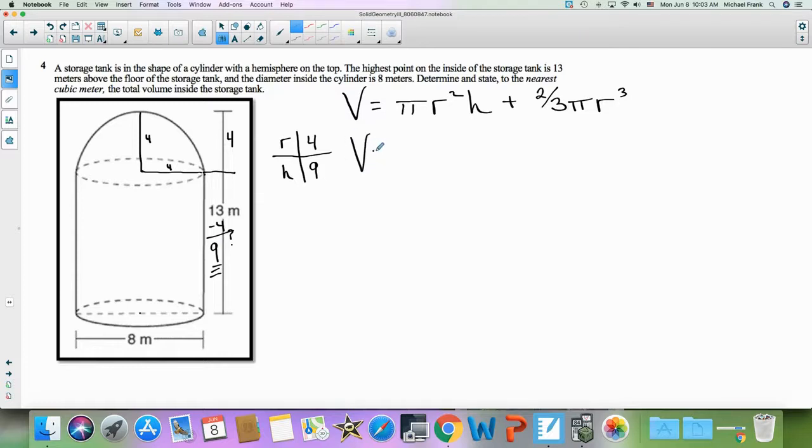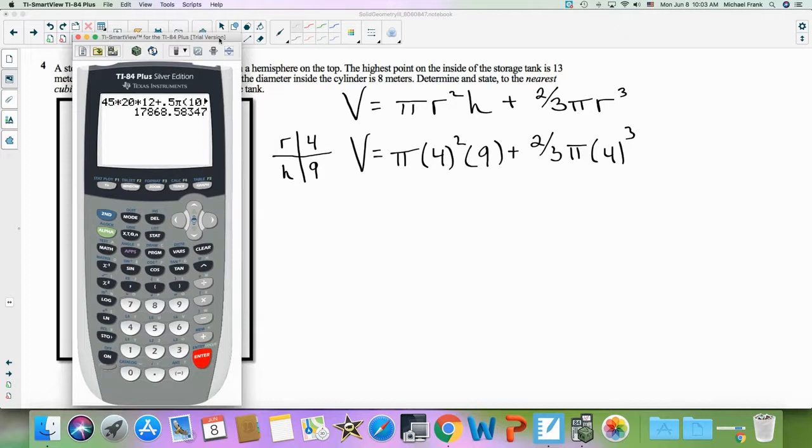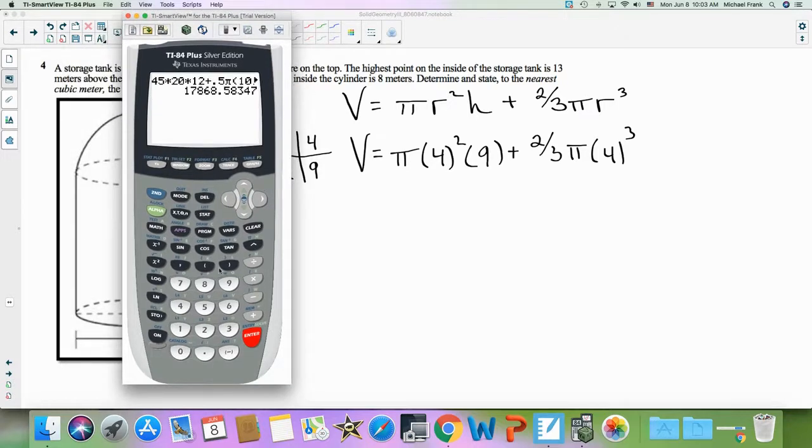So now we could substitute everything in. Pi r squared h plus 2/3 pi r to the third power. And again, we're going to go to the calculator here and just put that in. Why not?